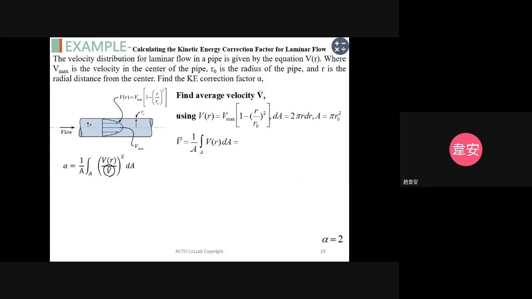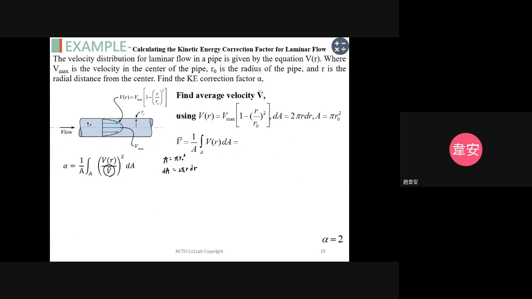So what is A? This is pipe flow, so the area is pi r0 squared, right? And what is dA? We know that dA is 2 pi r dr, right?